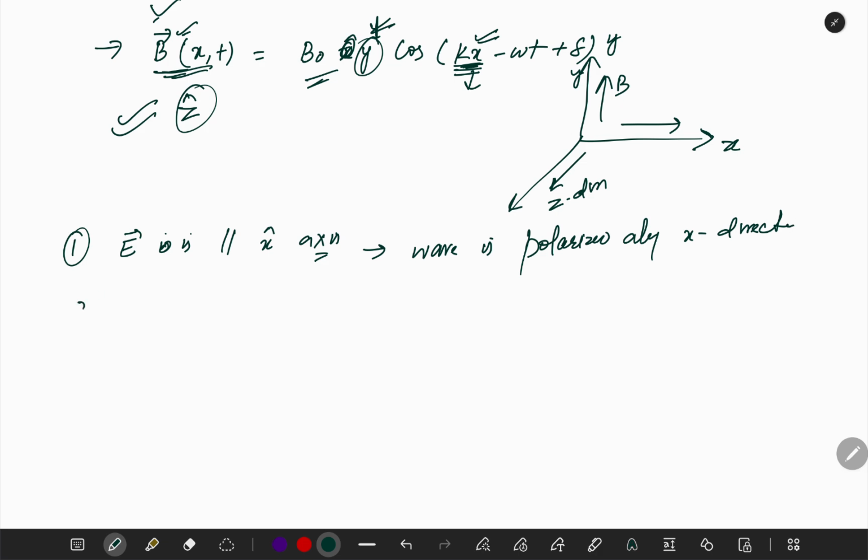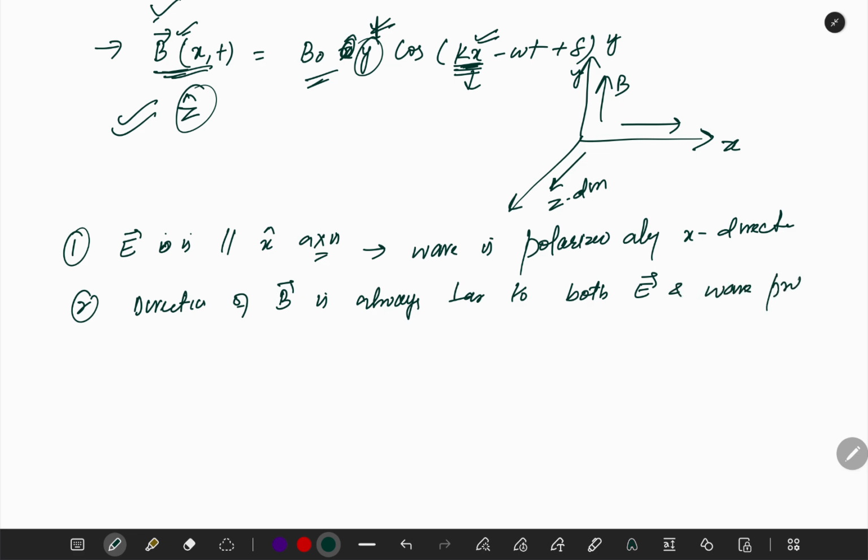Second, direction of B is always perpendicular to both E and wave propagation, which is k cap, or the coefficient of k, which is actually z.